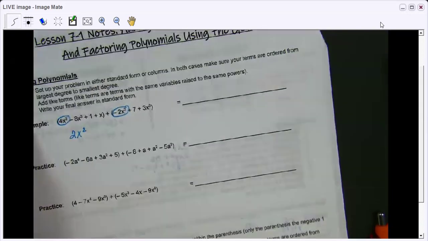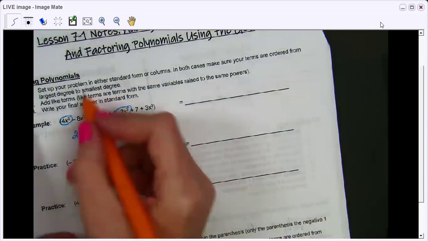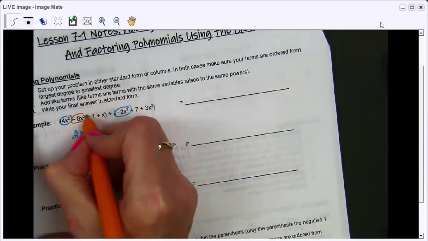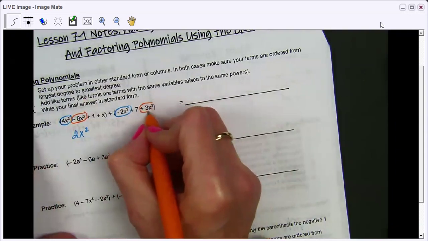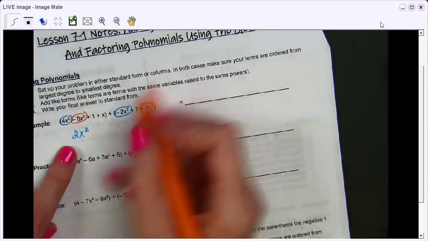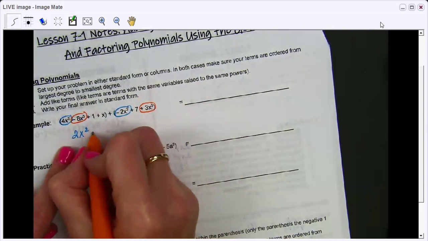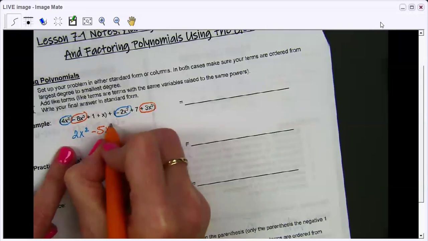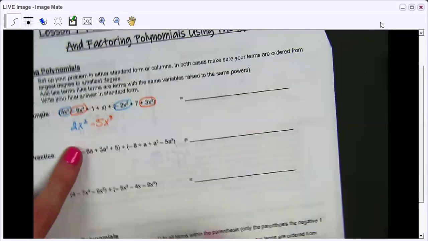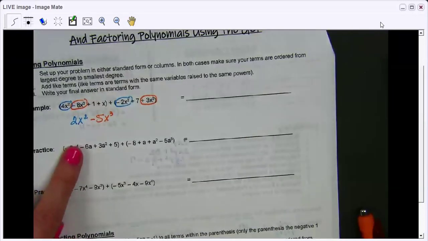Okay. Now I have a negative 8x cubed, and I have a positive 3x cubed. So when I combine those, I get a negative 5x cubed. I don't think I said the x when I did that. Okay.